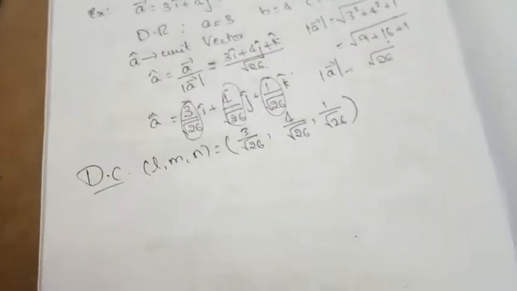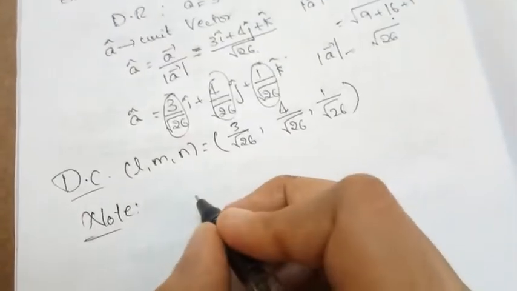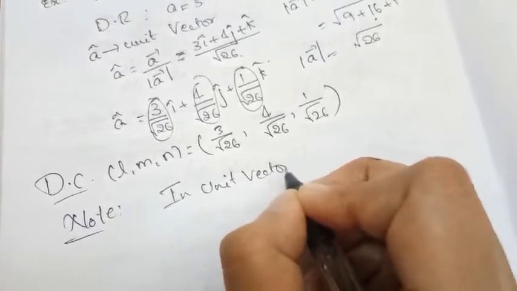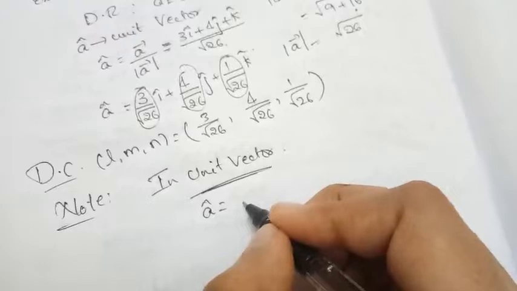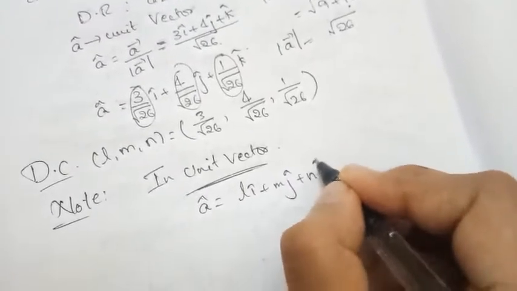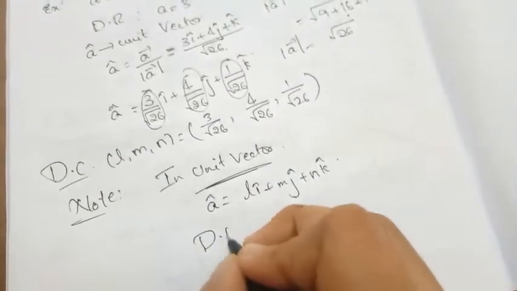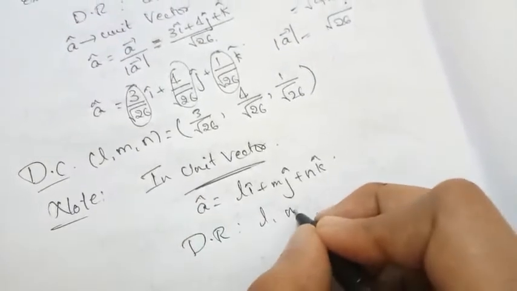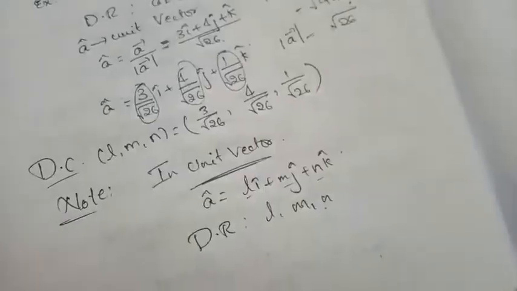So one important note which you need to keep in your mind: in a unit vector, that is a cap equal to l i cap, m j cap and n k cap, the direction ratios are also l, m, n, since direction ratios are nothing but the components of a given vector.